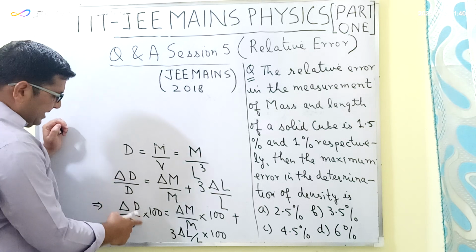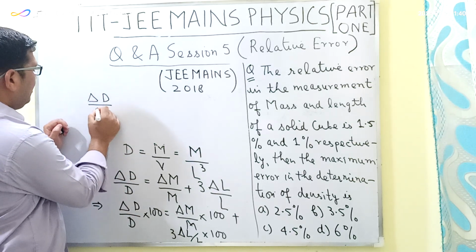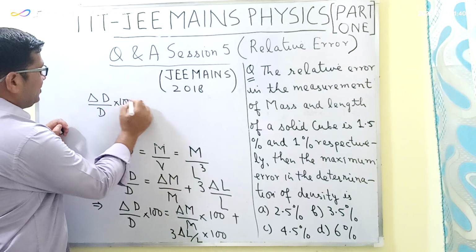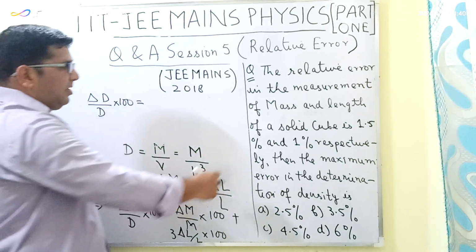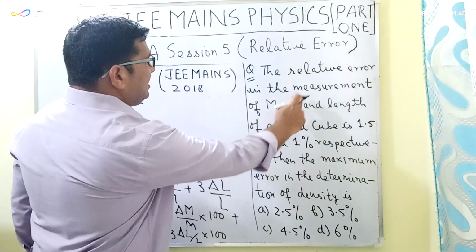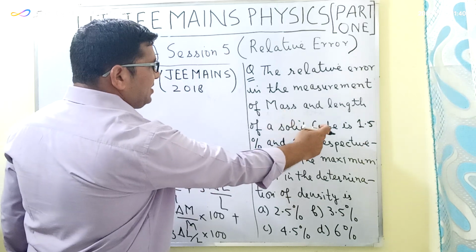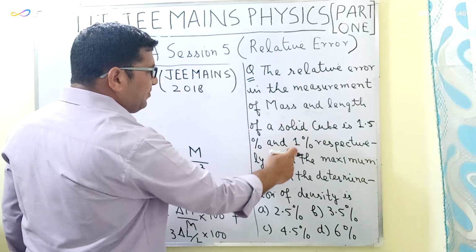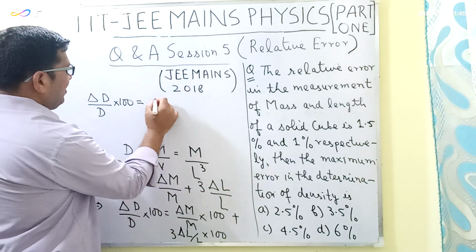So delta D upon D into 100 is equal to delta M upon M into 100. Now delta M upon M into 100 is already given, see, the relative error in the measurement of mass and length of a solid cube is 1.5% and 1% respectively. So delta M upon M into 100 is equal to 1.5%.